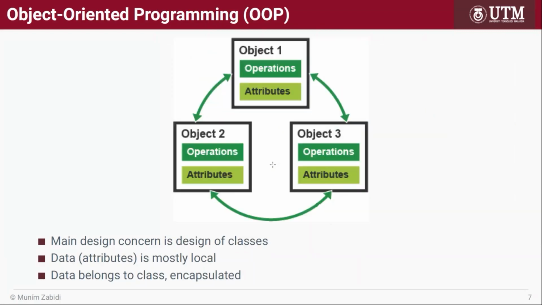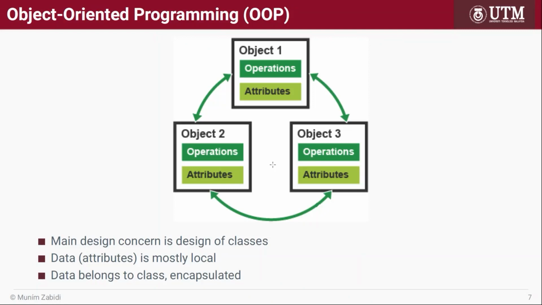In object-oriented programming, we think of the program not in terms of procedures, but in terms of objects. Each object has its own operations or capabilities, and it has data that it controls. In OOP, or object-oriented programming, we call the local data attributes.